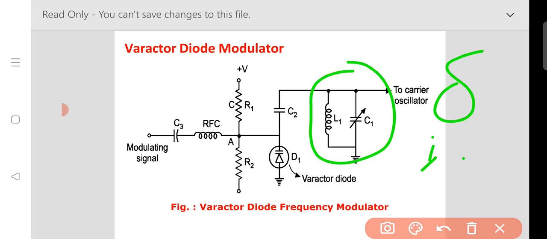The delta may be positive or negative. The positive deviation is caused by the positive voltage and the negative deviation by the negative voltage. So it depends upon the input voltage.